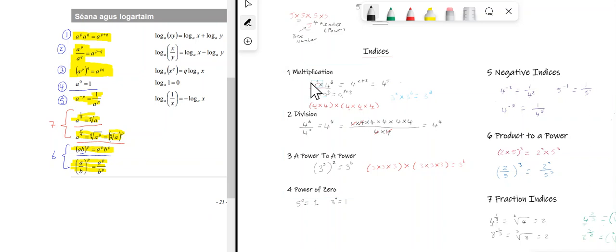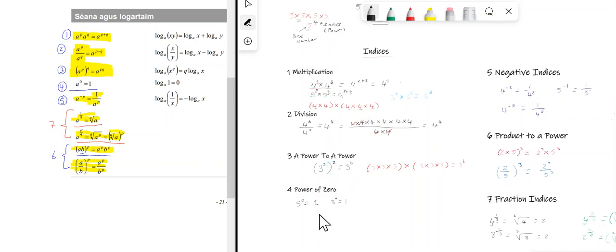The first one is multiplication. When we have two powers multiplying each other and the base numbers are the same, we just add the indexes together. When we're dividing them and the base numbers are the same, we just subtract the indexes from each other. If we have a power to a power, we just multiply the index on the inside of the bracket by the index on the outside of the bracket, like so.